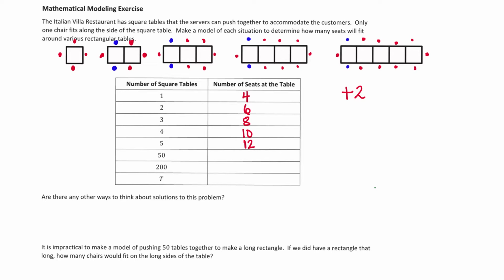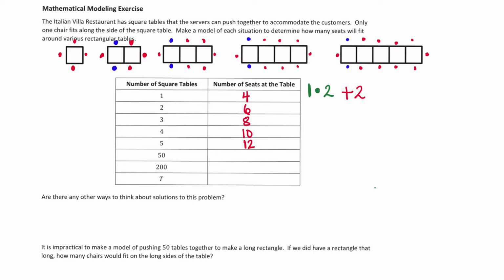Now, how are we going to represent it? Whenever we have one table we ended up with 4 seats, right? So we're going to say for every table, you add 2 seats. So 1 table times 2 seats, plus the 2 end seats. And we can see if that works, right? Let's try it. 1 times 2, 2, plus 2 makes it 4.